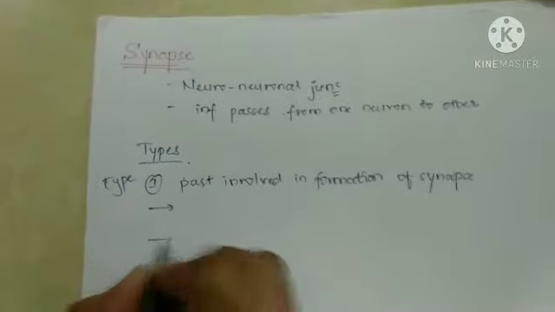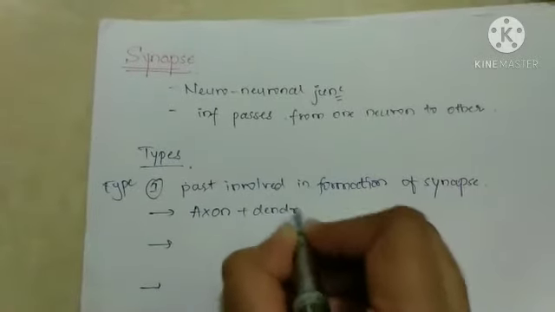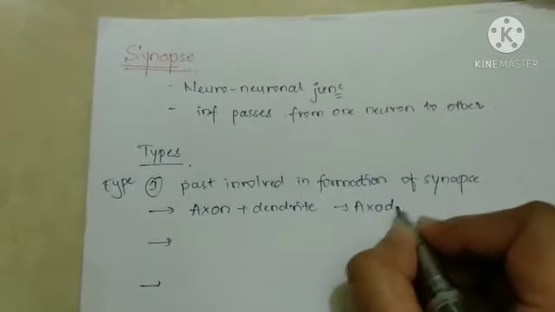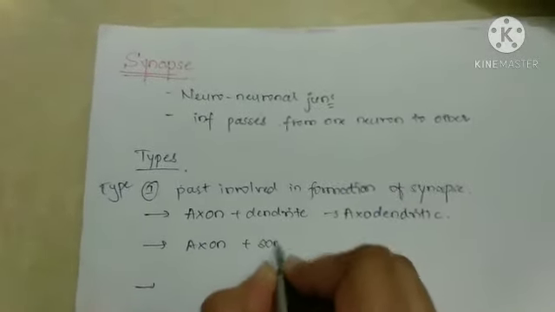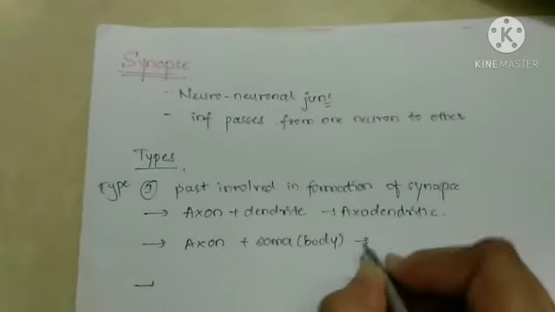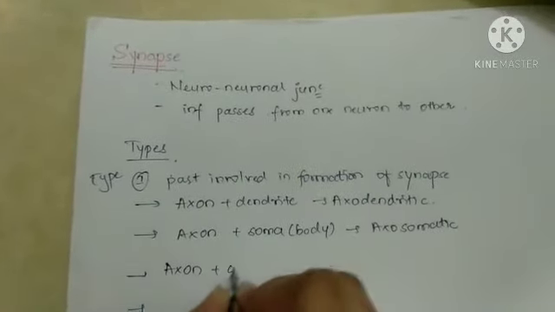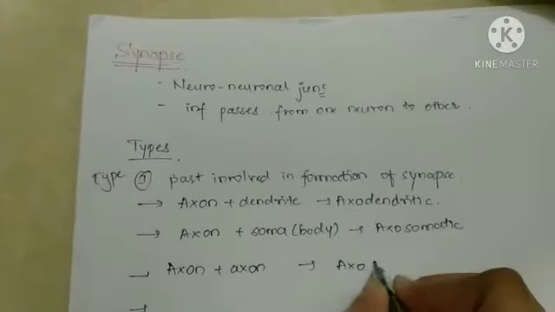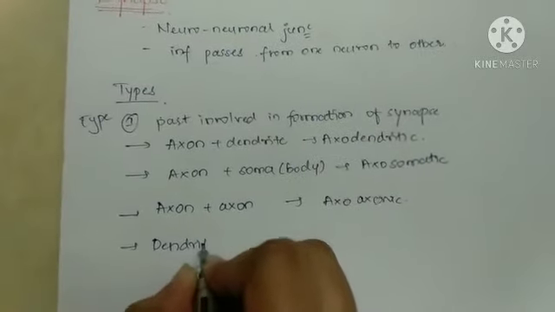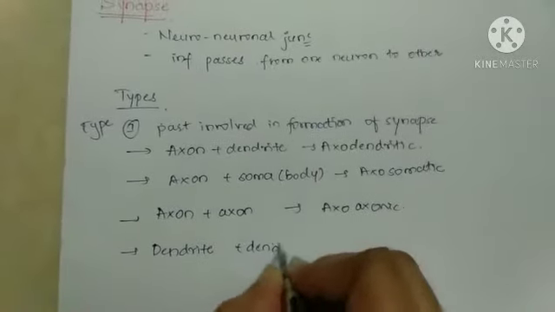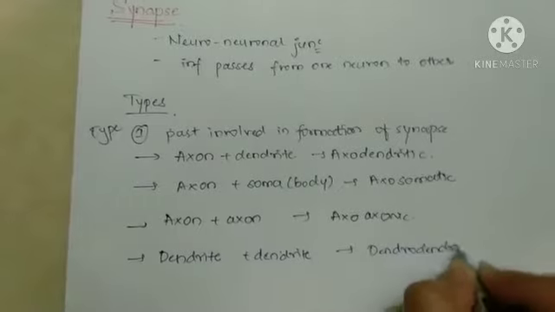It is divided into four types: axon plus dendrite, that is axodendritic; axon plus soma or body, axosomatic; axon plus axon, axoaxonic; and dendrite plus dendrite, dendrodendritic.